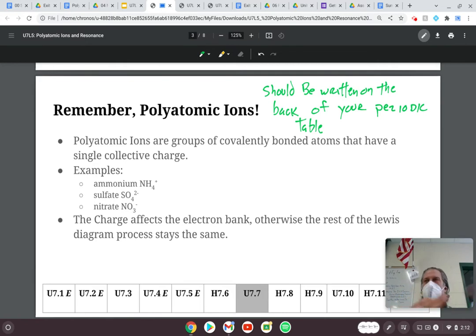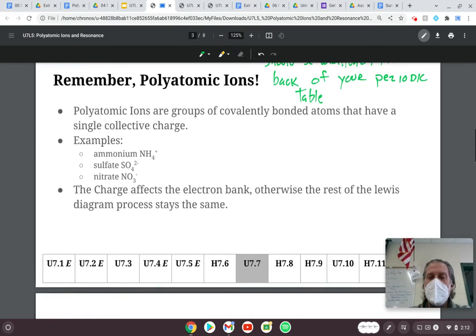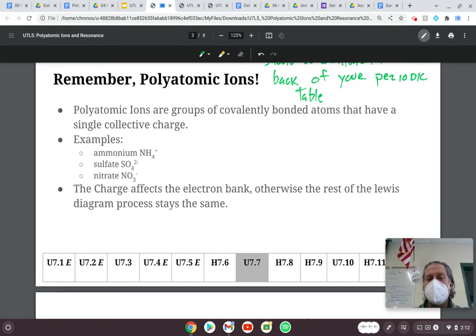Now, the charge affects the electron bank or the electron pool or bucket, as I kind of think about it. Otherwise, everything else is the same. So let's talk about this for a second.